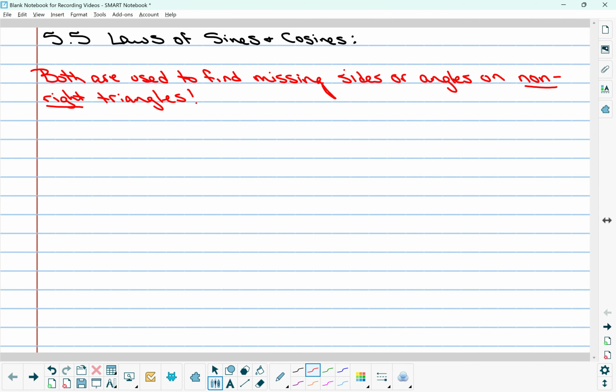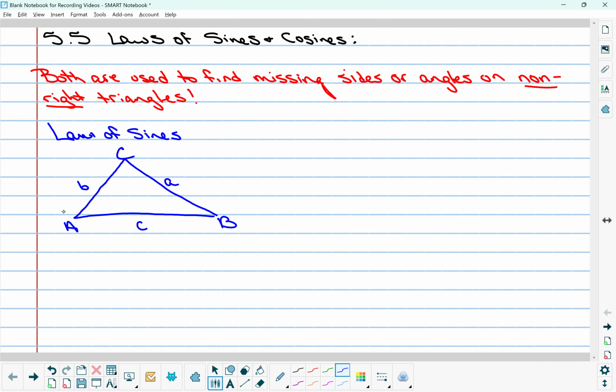Okay. And so here's when we're going to use the law of sines. If you have a triangle, let's say we have A and B and C. So this would be little a, little b, and little c.